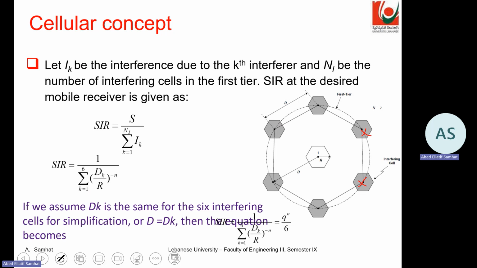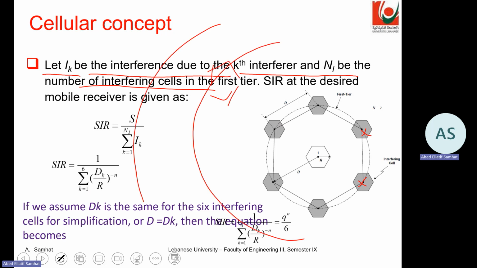So in this case, we define Ik to be the interference due to the k-th interferer, and Ni to be the number of interfering cells. Remember that here we have the first ring, the second ring, the third ring, which are using the same frequencies.